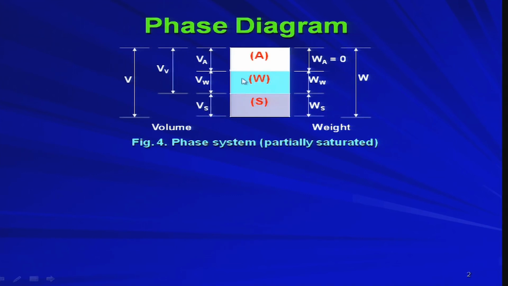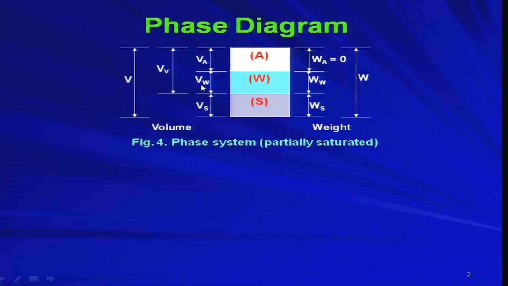The total volume of the matrix is capital V, whereas Vs is the volume of soil solids, Vw is the volume of water, and Va is the volume of air. Please remember that Wa is 0, but Va is not 0. Please do not make any mistake there in your consideration.